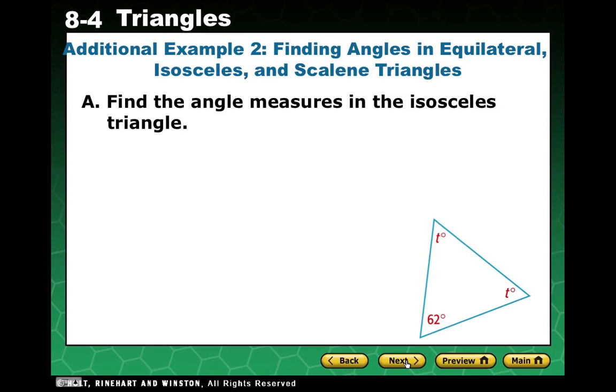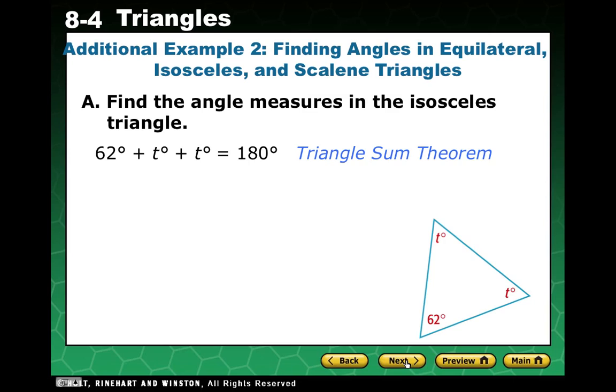So find the angle measures in the isosceles triangle. Using the triangle sum theorem, we know that two of the unknown angles are the same. We know that because this is isosceles and they're both named t, which means we can assume those are the two that are of equal measure.